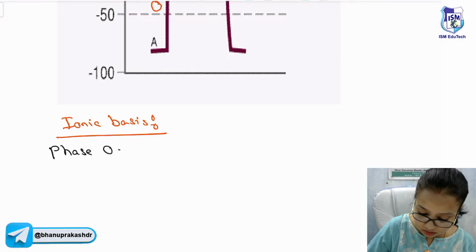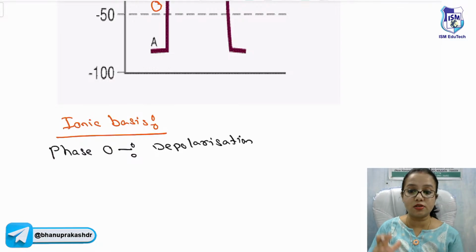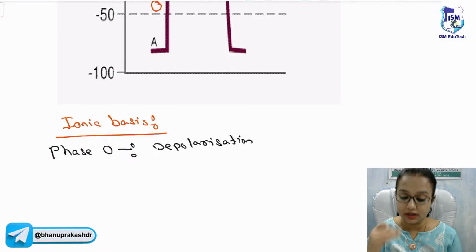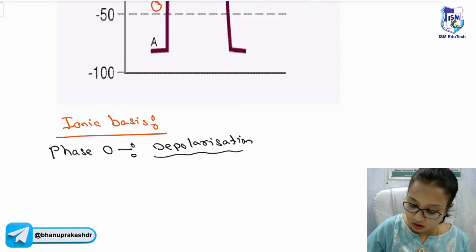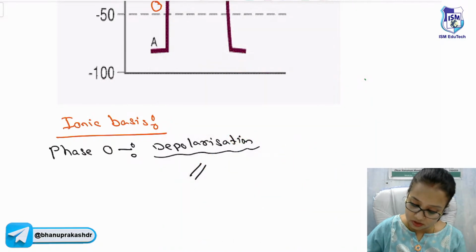Phase 0 is the wave of depolarization. So in the case of the atria, ventricle and Purkinje fibers, what causes the wave of depolarization?